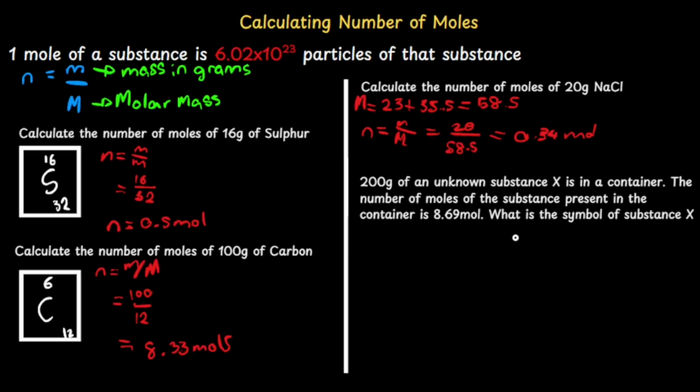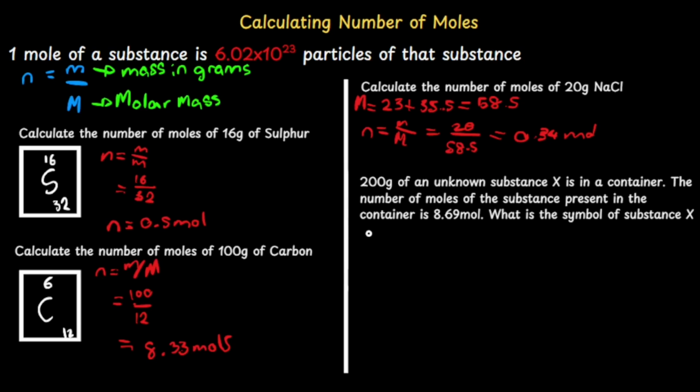So the information that they have given us in this question is the mass of the substance present. It tells us how many moles of the substance there are for that mass, but they have not given us the substance itself or the molar mass of the substance. This means that in order for us to find the unknown substance X, we would have to calculate the molar mass of the substance. Let's go ahead and do that together.